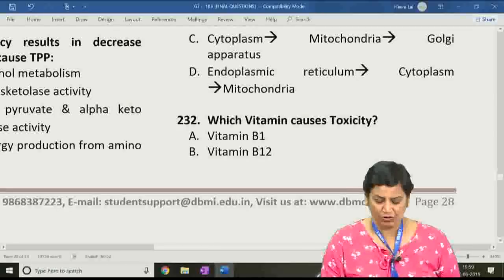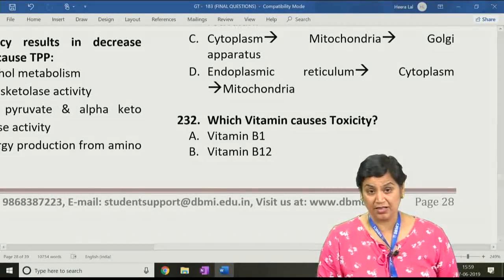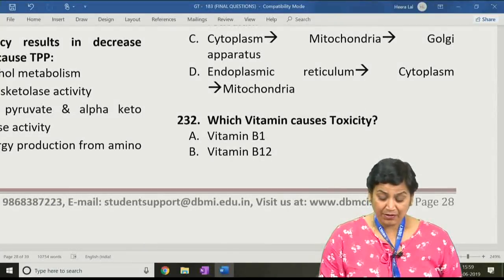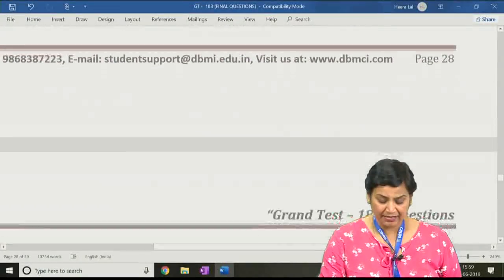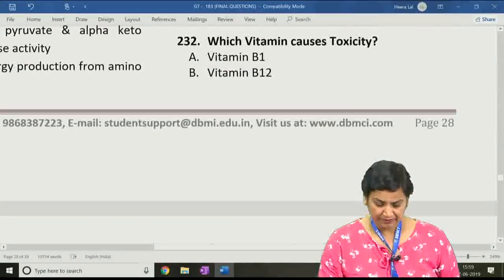Question number 232. Which vitamin causes toxicity? Now the vitamin which causes toxicity is, let's look at the options first.